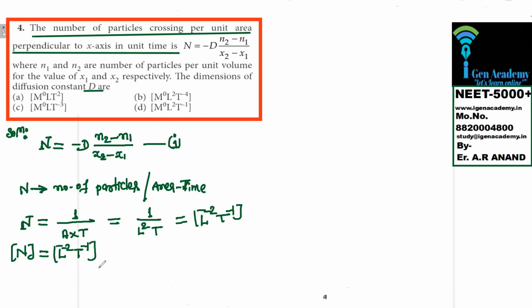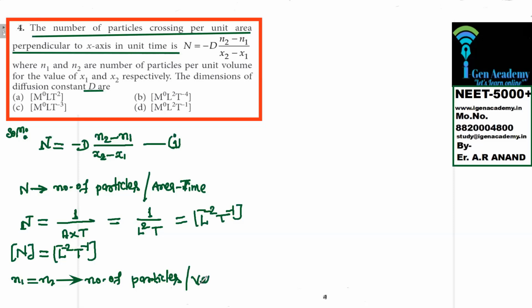Okay, perfect. Now let's move to the next one, N1 and N2. Both of them are the same thing. They have mentioned that it is the number of particles per unit volume.